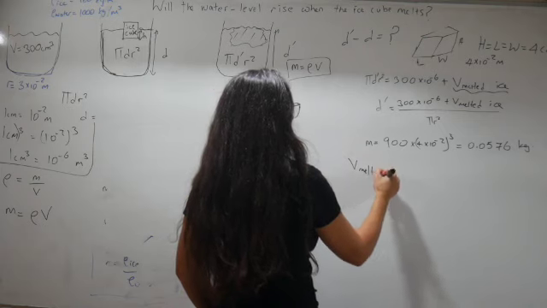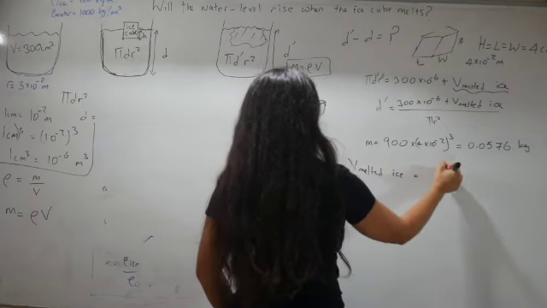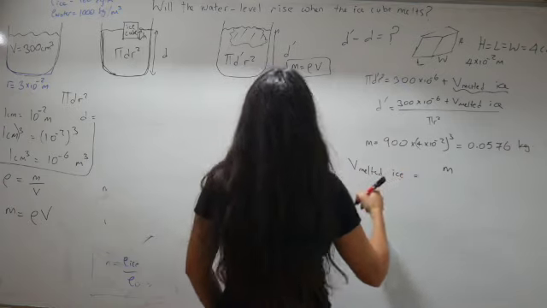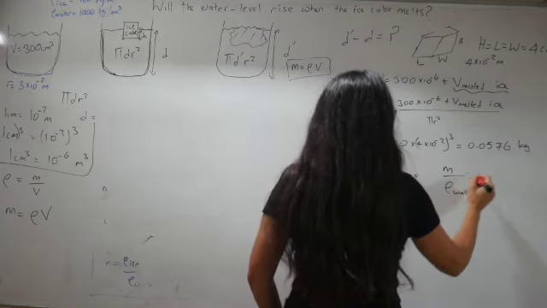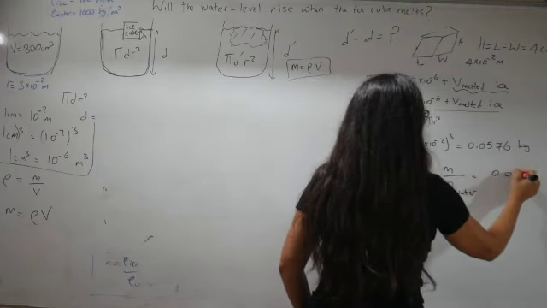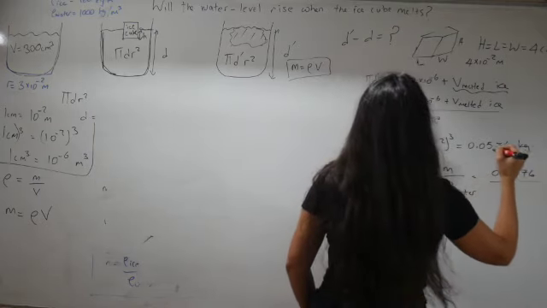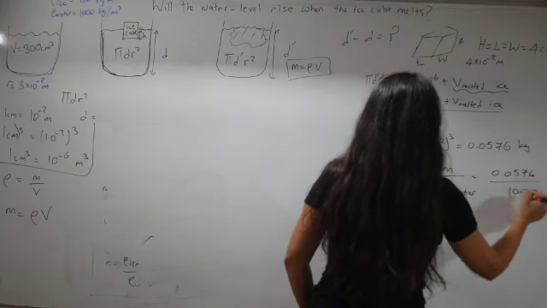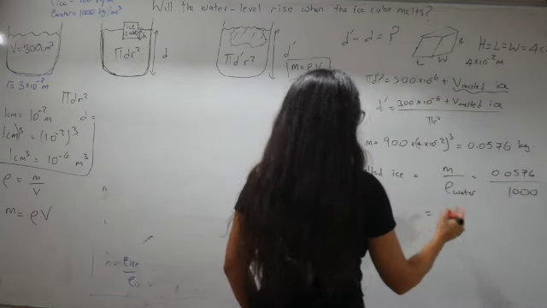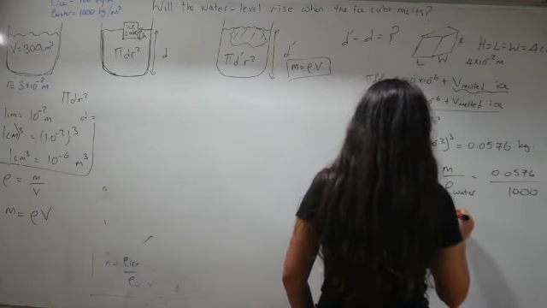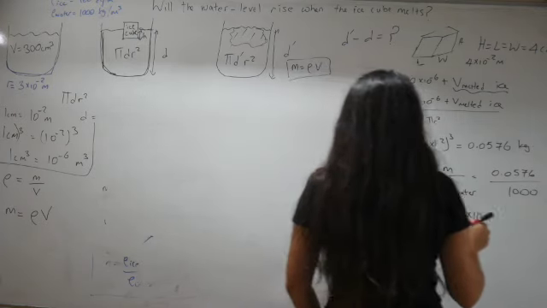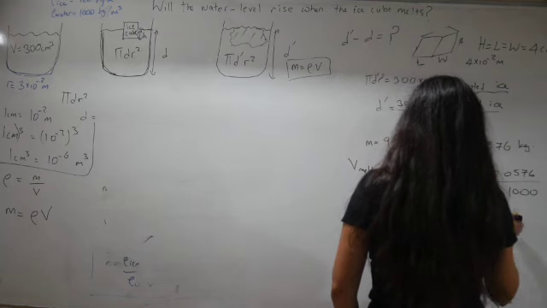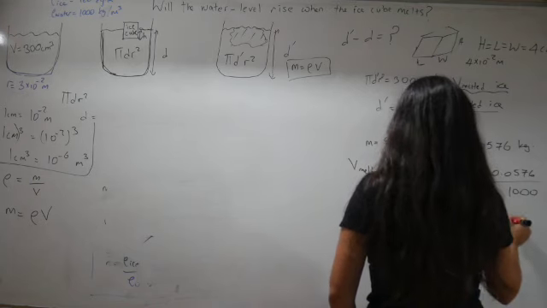The volume of melted ice is going to be m divided by the density of water, which is 0.0576 divided by 1000. So that's going to be 5.76 times 10 to the minus 5 meter cubed.